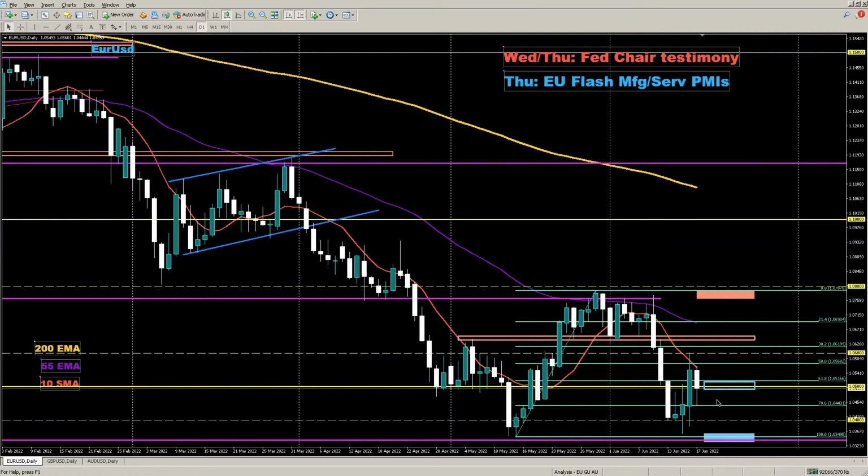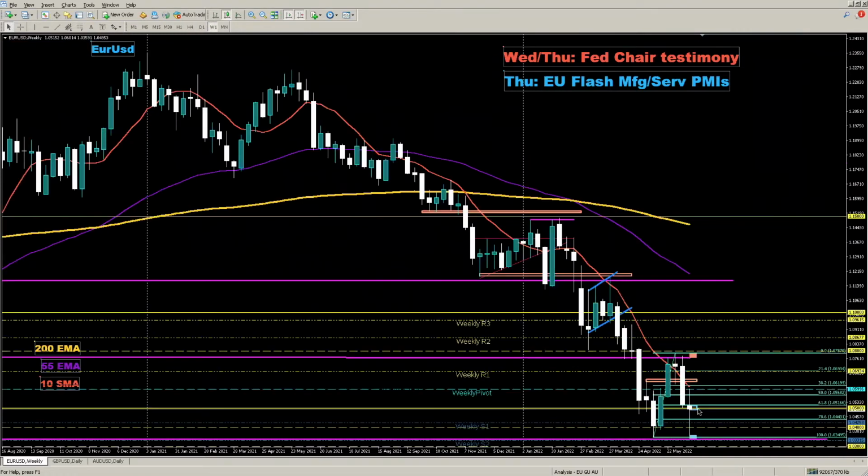So then, as expected, you'll see on the weekly time frame that it closed as almost a doji, right near the 105.